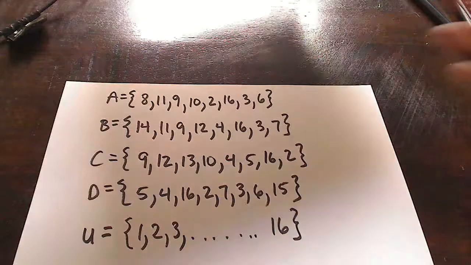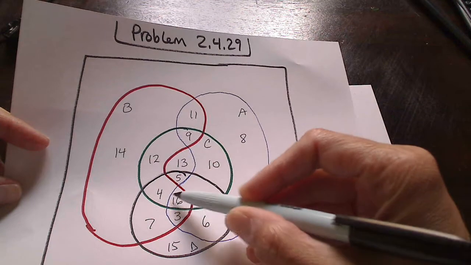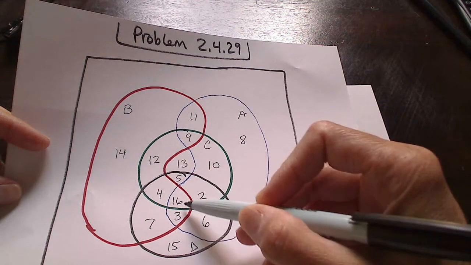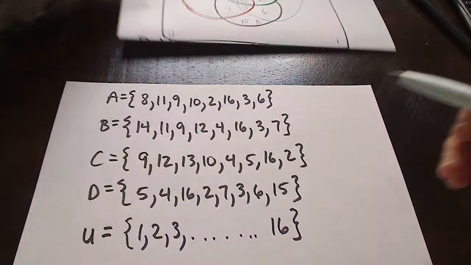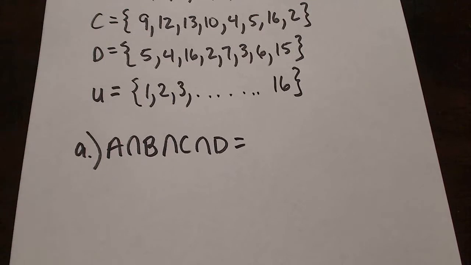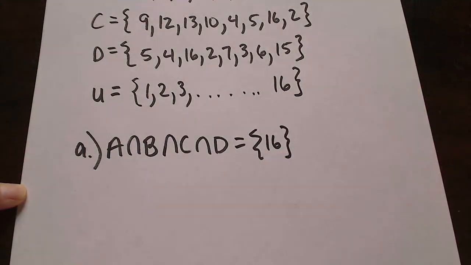If you went back to the picture here, you can see that right here, right? So this 16 is the only number that is inside the red, blue, black, and also green, okay? So to list this particular one out, the intersection of all of these sets would be the set containing the element 16. All right.